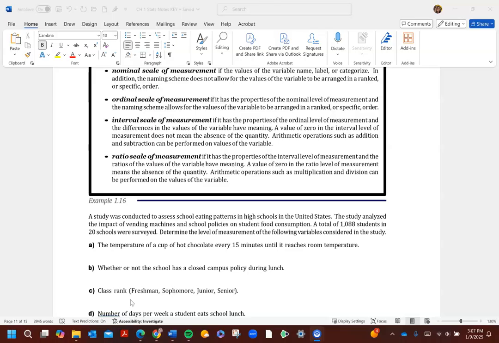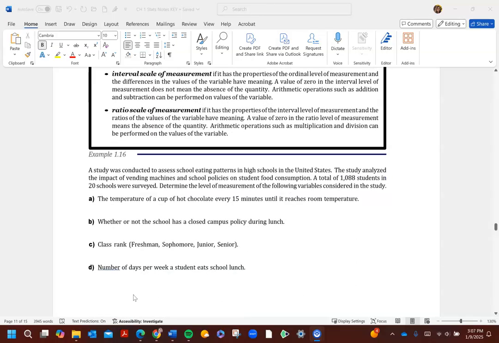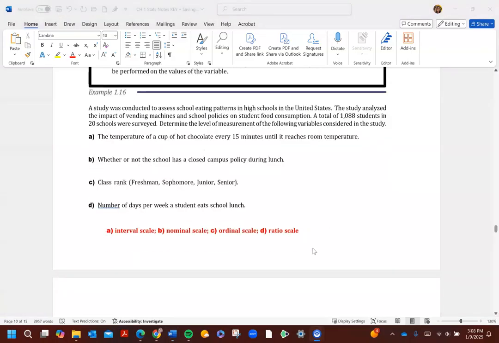And D is number of days per week a student eats school lunch, you could, you know, doubling that would make sense or something like that. So I'll jot the answers here in red for you. Okay, so there's your answers.